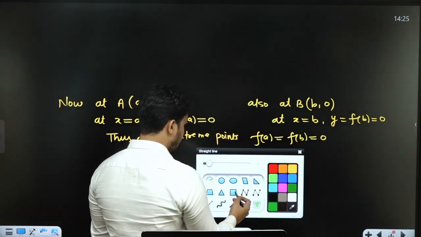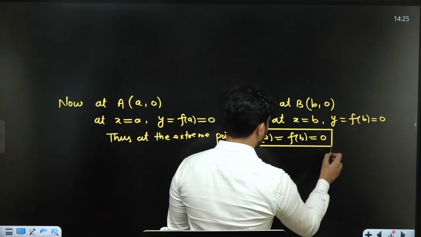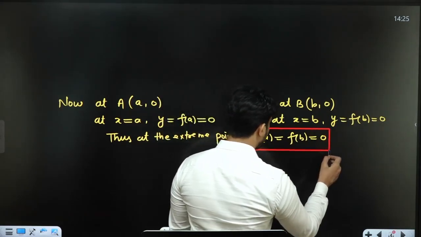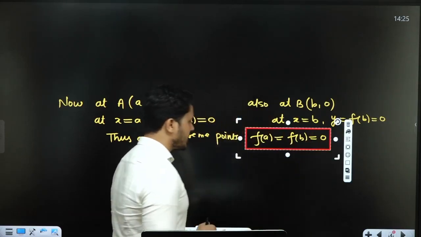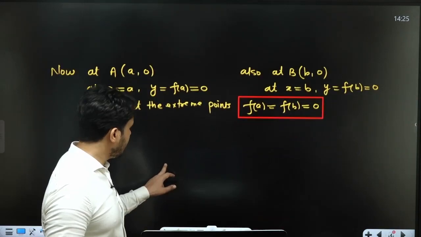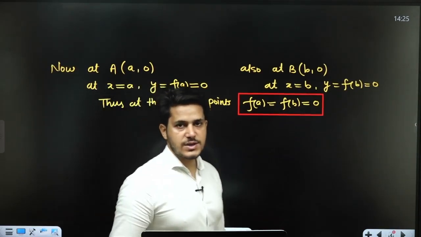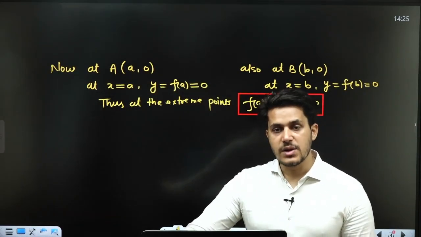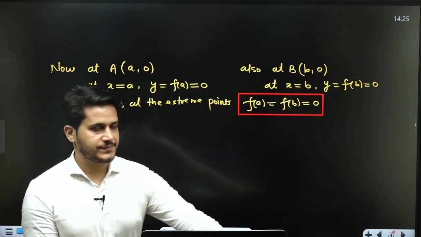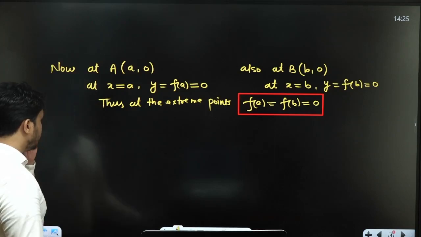So this is the basic fundamental of Rolle's theorem, that both f(a) and f(b) will be 0. Only then Rolle's theorem will be applicable. Only if the values of f(a) and f(b) come out to be 0 will that function be able to apply Rolle's theorem.